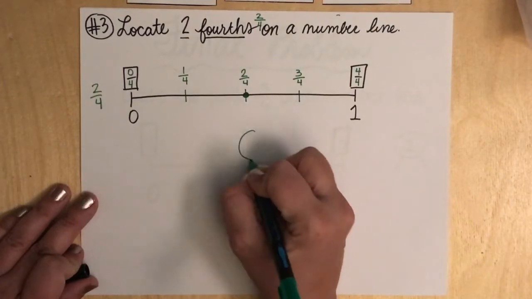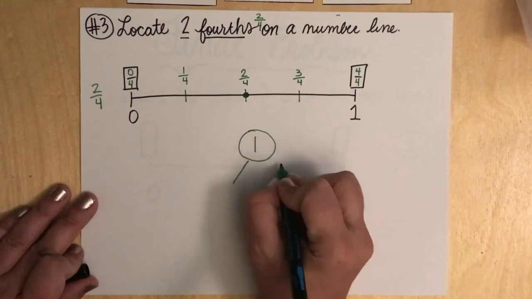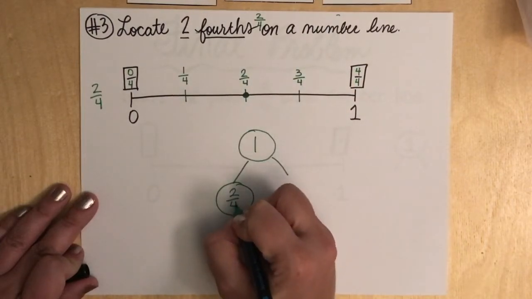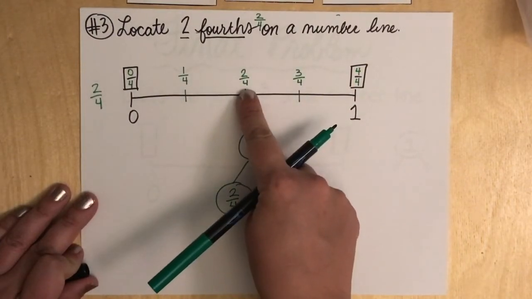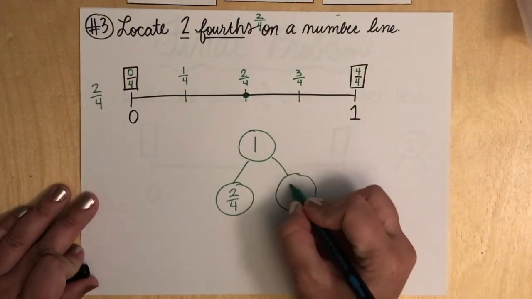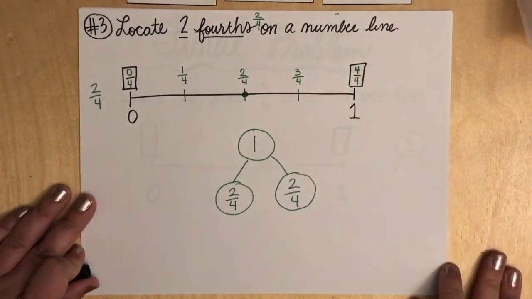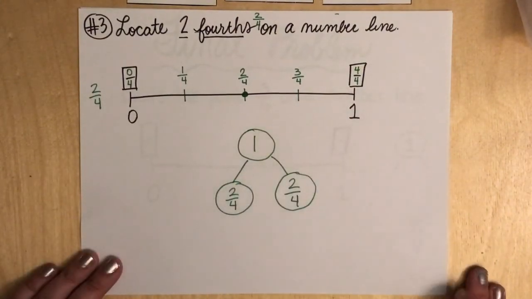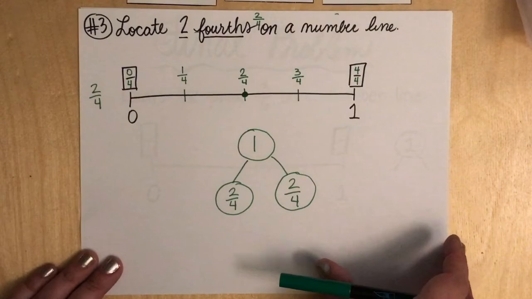Right there. And then our number bond is 1, and we had 2/4 on this side. And then how many fourths do we have left over to walk? 1, 2. How does the number bond relate to the number line? We'll talk about that more in class, so think about it.